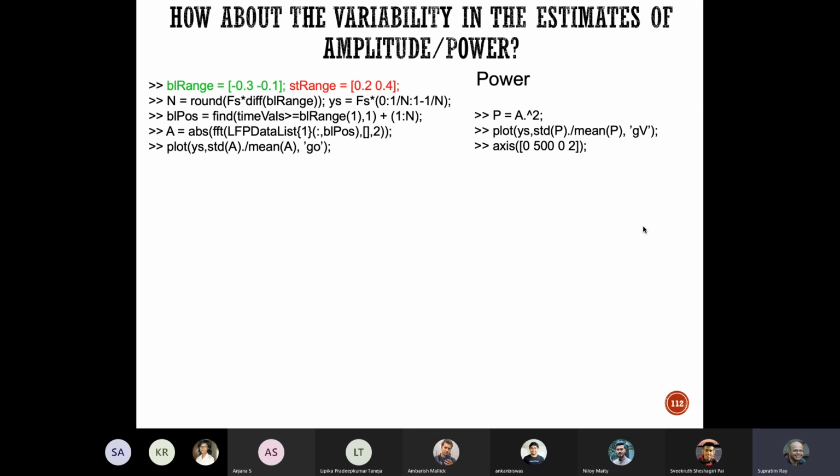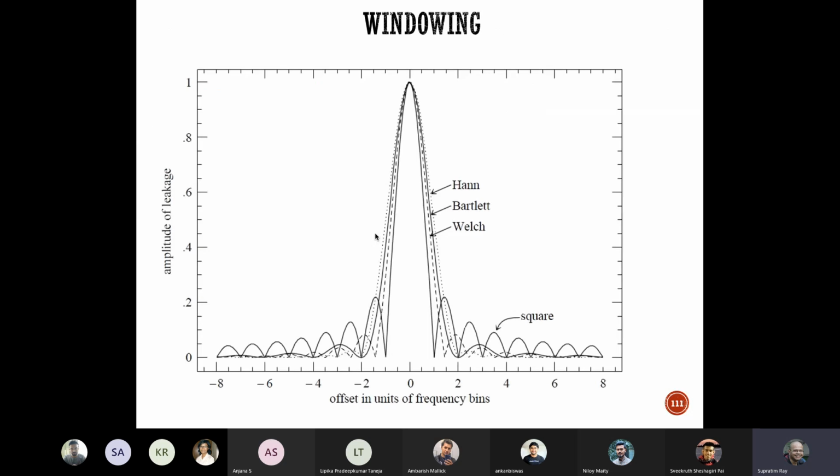However, I'm going to show this fact to you by showing it in the real signal. Okay, so now let me tell you what that fact is. The fact is that the spectrum that we are estimating by applying the Fourier transform, and remember, it's a discrete spectrum, when I say the spectrum, I mean here the amplitude of the fast Fourier transform.